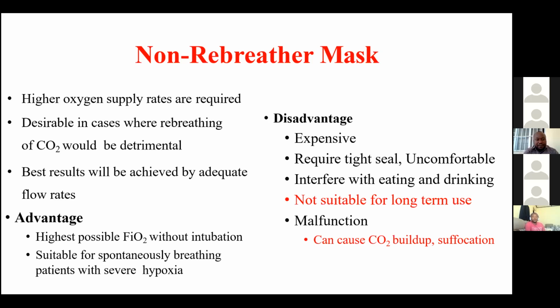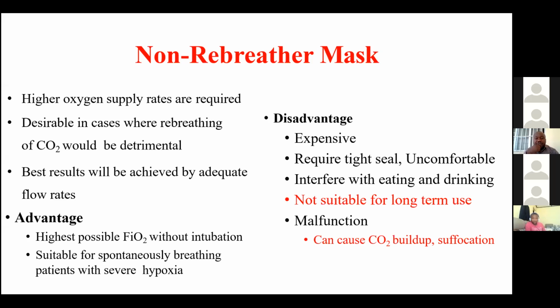There are advantages and disadvantages. The main advantage is that when you use the non-rebreather mask, you may prevent some unnecessary intubation. So here we give a message to hospitals to have all this necessary equipment so that they avoid unnecessary invasive ventilation. A disadvantage is that it is not suitable for long term use.